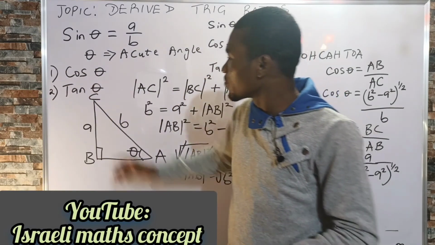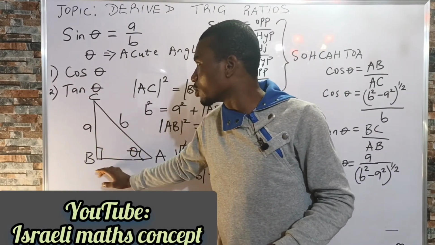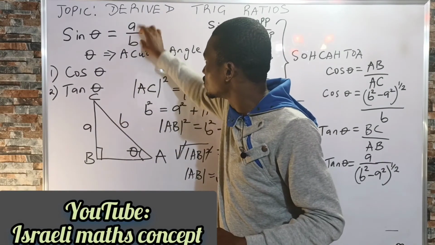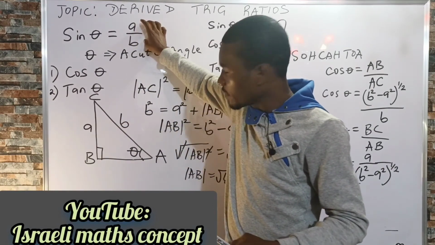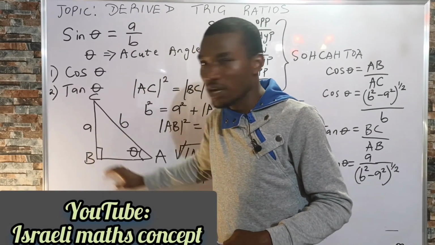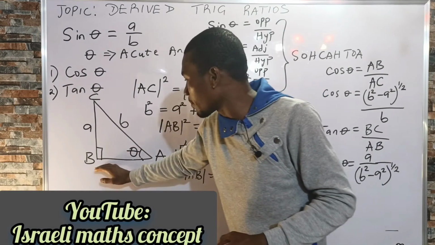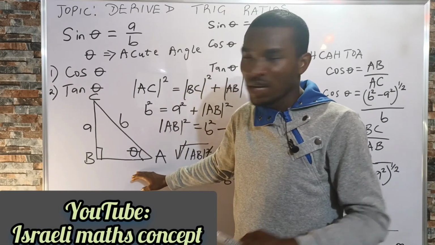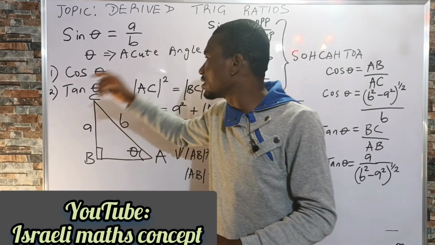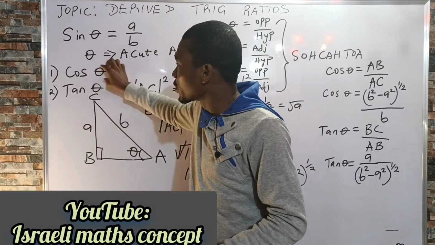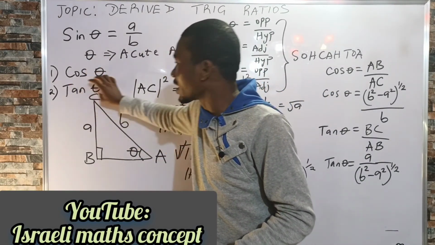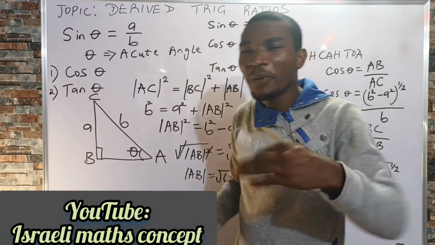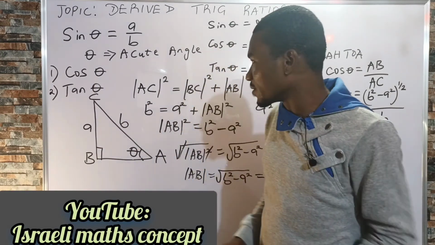First thing first, draw your right angle triangle, input the values that we are given, and once you've input the values, you can then find the remaining part of the triangle. After you have found it, you can then go ahead to find your cosine theta and your tan theta respectively, depending on the question you are given.